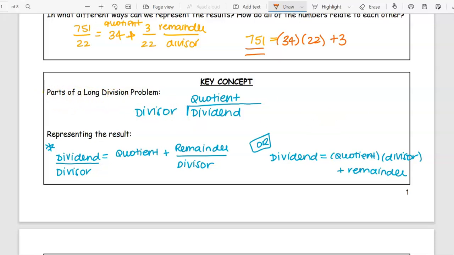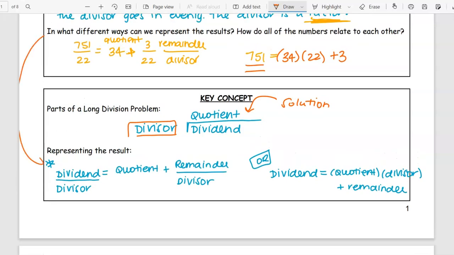So it's the quotient plus the remainder over the divisor. Or another way is, if I had 751, we need to be able to see that if we do 34 times 22, and you can double check me on this, and then I add the remainder to it, I still get my dividend. Okay, and the dividend is that number inside. We're going to talk about that right now.